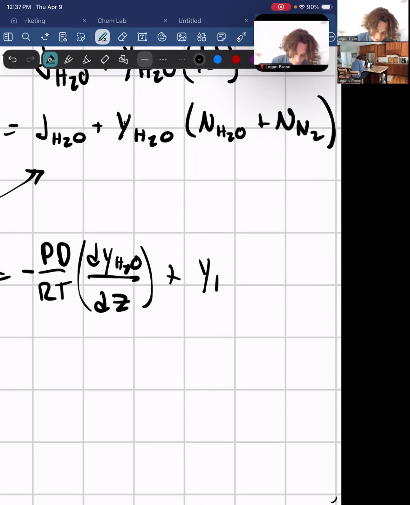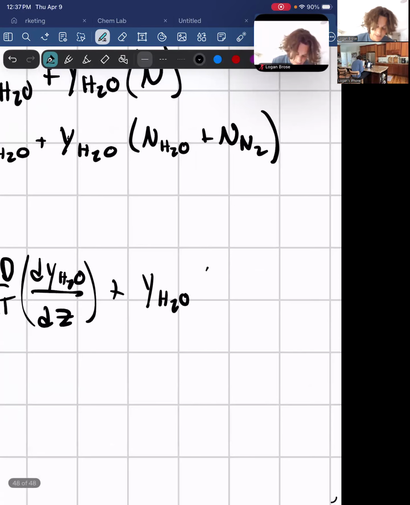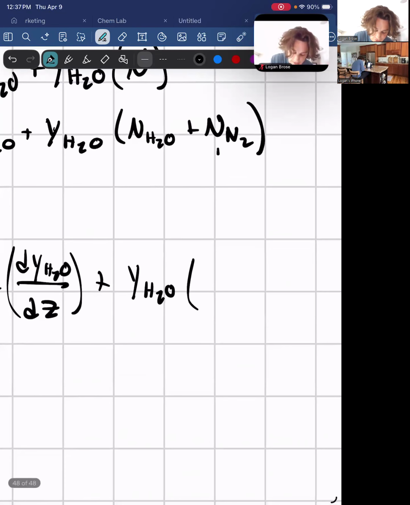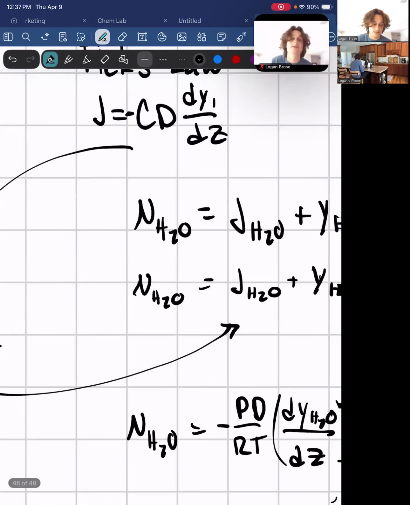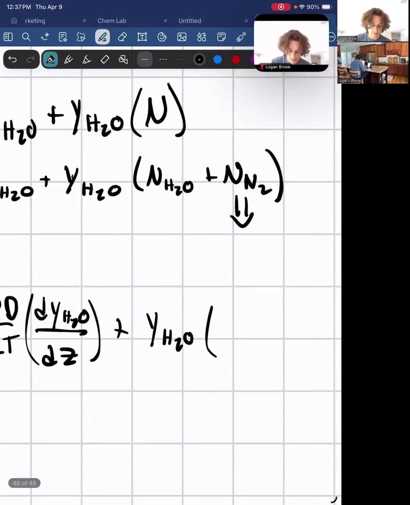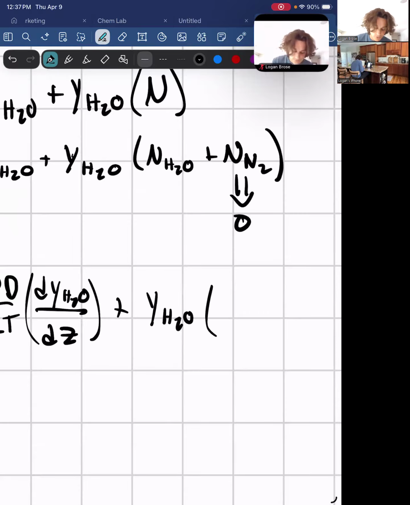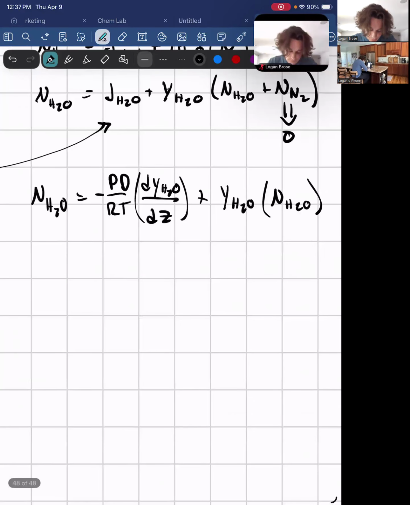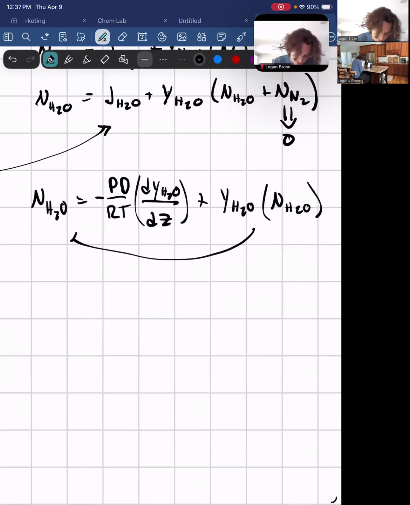plus our YH2O times, now, we talked about this a little bit ago, this just equals 0 here, because this nitrogen has nowhere to diffuse to. It's just going to go around and around. So that's 0, and this ends up being YH2O times NH2O. Now, we're solving for NH2O, so I want to bring this over here.